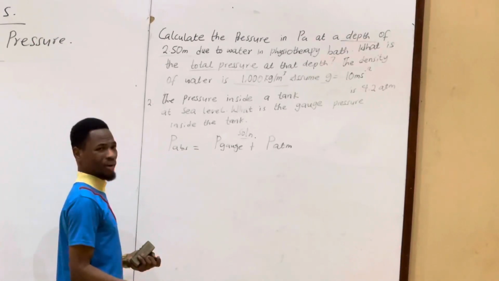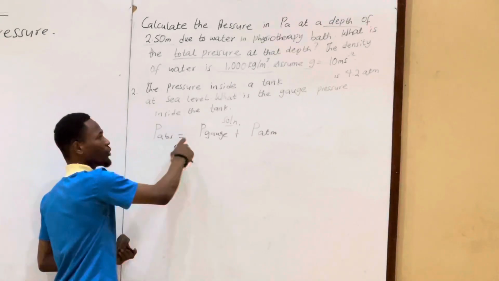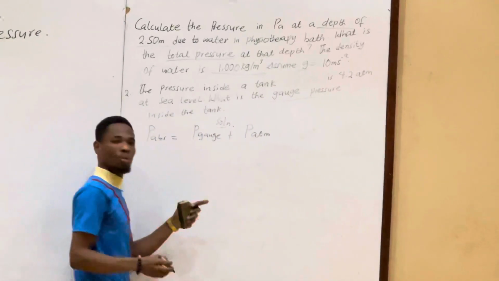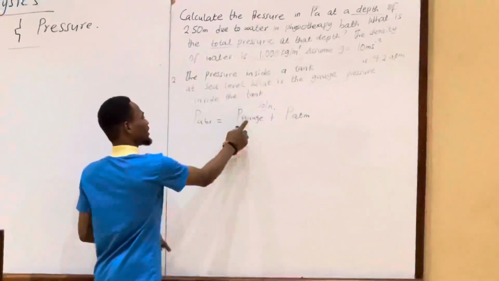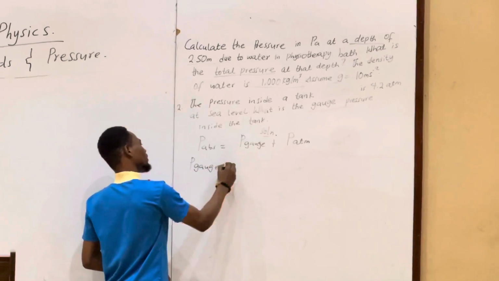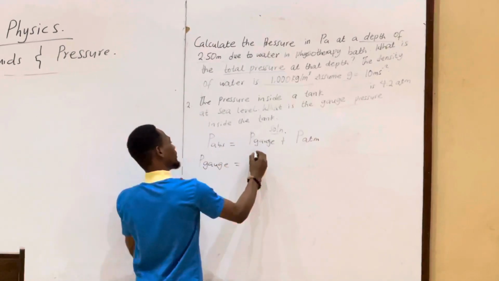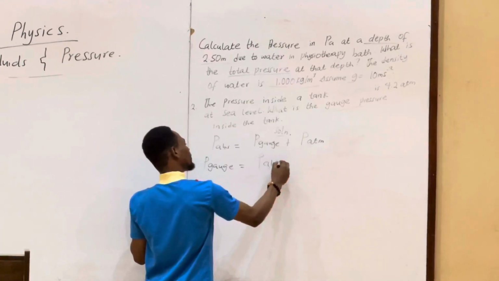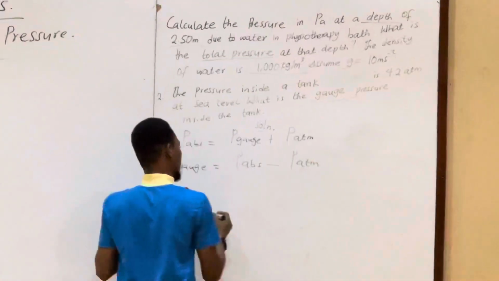What were we asked to find? Well, this time around, we're not asked to find the absolute pressure. We said gauge pressure. So make the gauge pressure the subject. When I transpose this, I'll get the absolute pressure minus the atmospheric pressure.